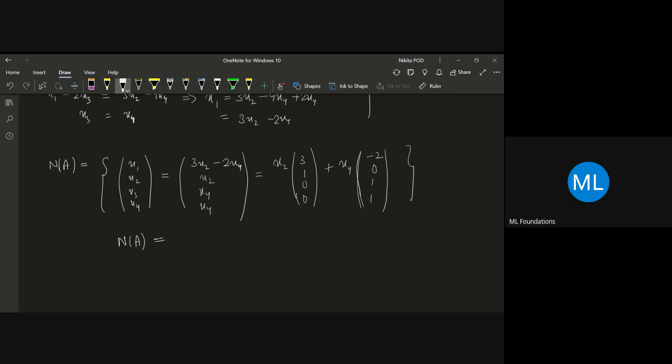So what is the null space here? It is just the span of (3, 1, 0, 0) and (-2, 0, 1, 1).